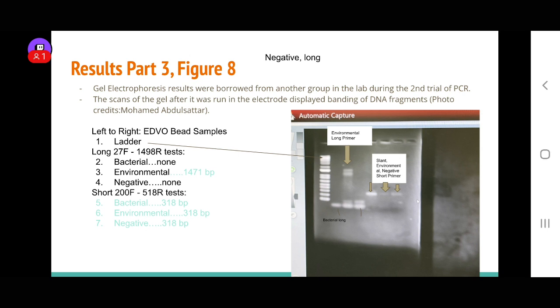That primer may have been contaminated with some genetic material, and therefore a band showed up in the gel that was borrowed.